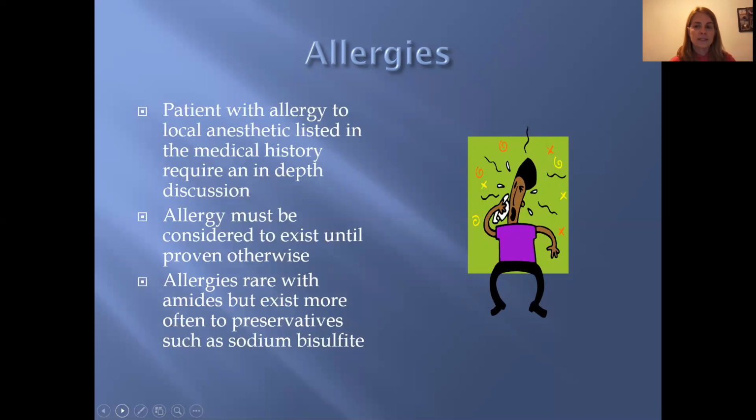So if an anesthetic has epinephrine, it will give it a longer shelf life, but it has sodium bisulfite in it. We want to watch sodium bisulfite with anybody that is an asthmatic or who has asthma, because 10% of asthmatics are allergic to bisulfites and a reaction could occur.